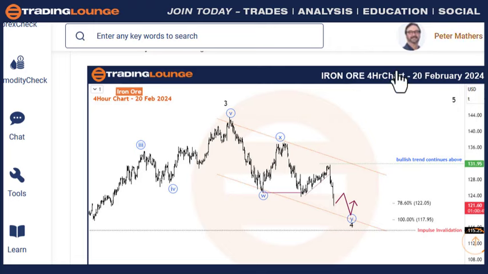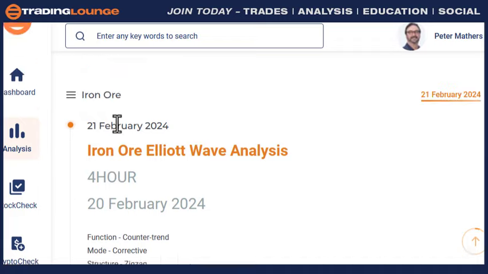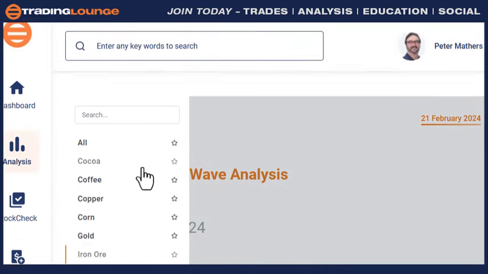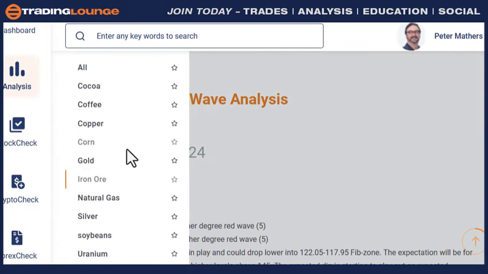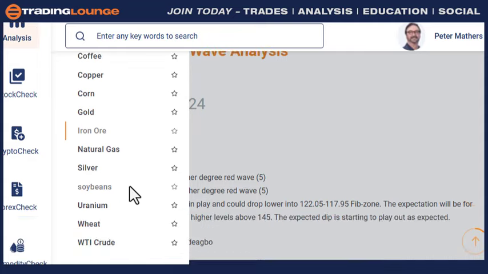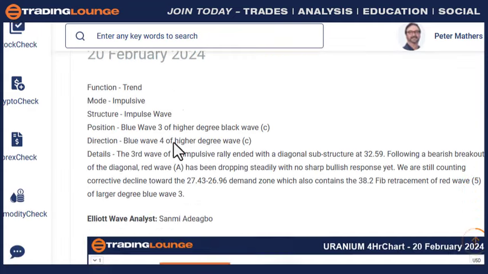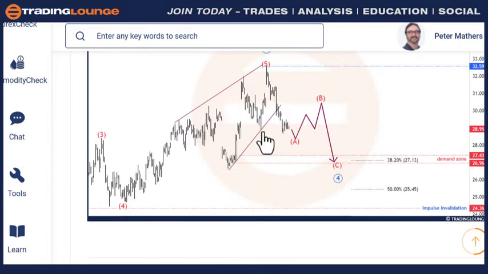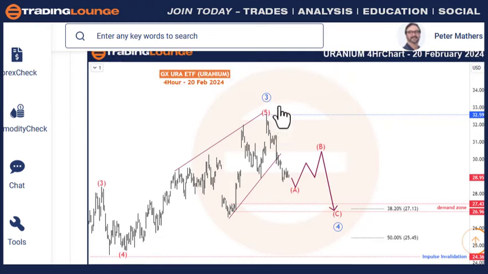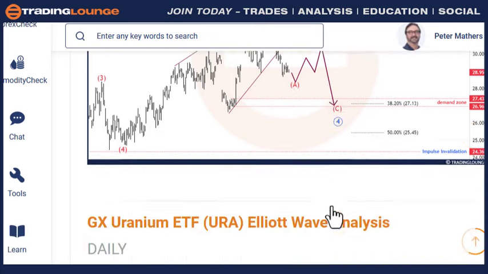So that's there. And while we're here, since we're just showcasing our analyst work, we've got a good handful of people helping now, which is fantastic. Uranium is the one that we wanted to have a look at here as well. So with this one here, we've got wave 3 here with an ABC pattern.